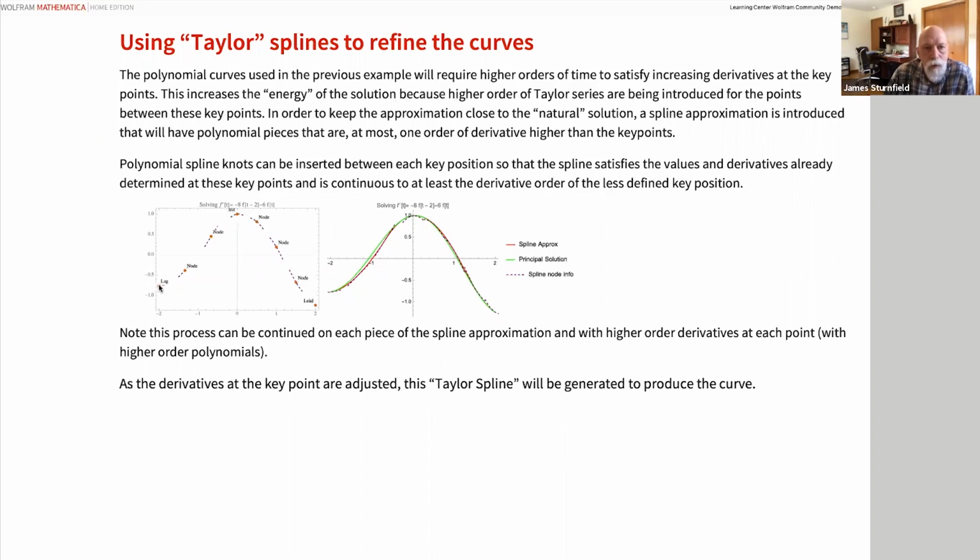And we can use this concept of having a smooth curve to the degree of the lower derivative side that goes through the chosen nodes. And so this Taylor series spline does that, and is really one of the things that helps me to get towards a better shape of the curve.